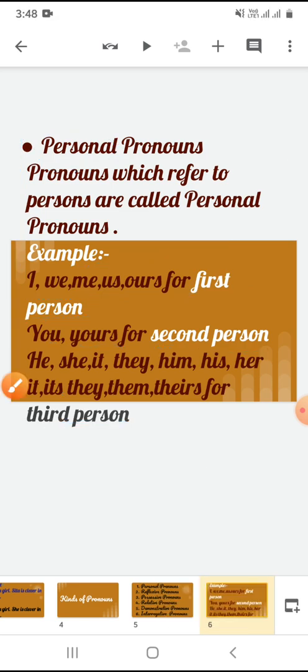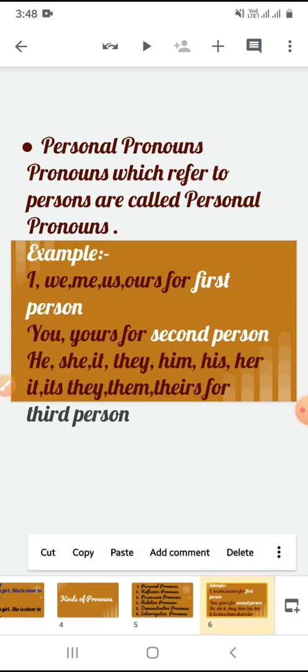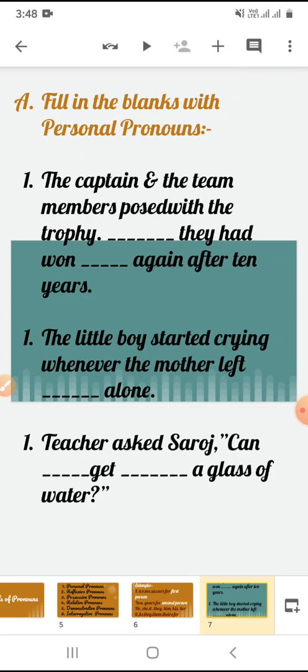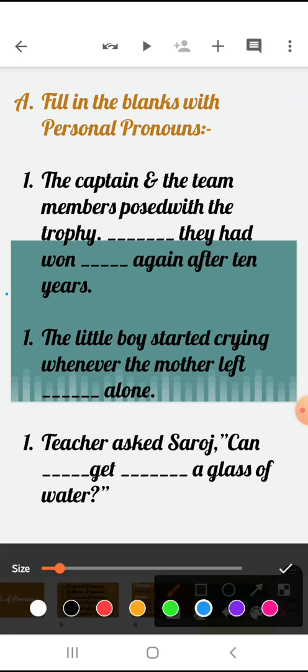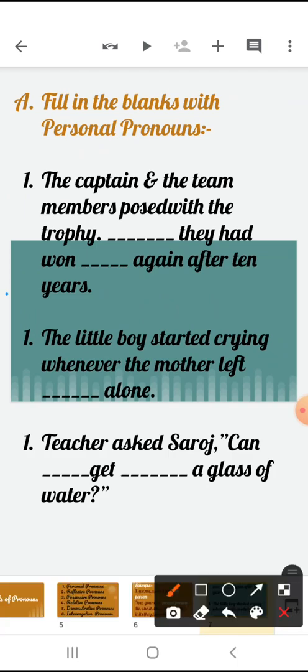Now let's do its exercise. An exercise is given in your book. Kindly open the page and do the first exercise. Fill in the blank with a personal pronoun. First: The captain and the team members posed with the trophy.